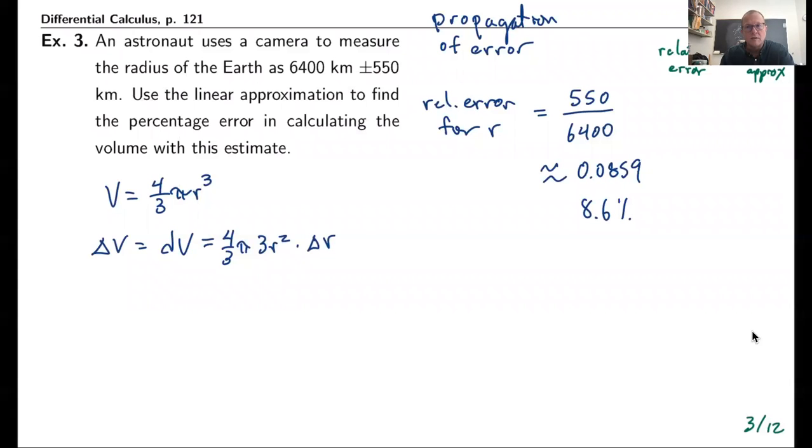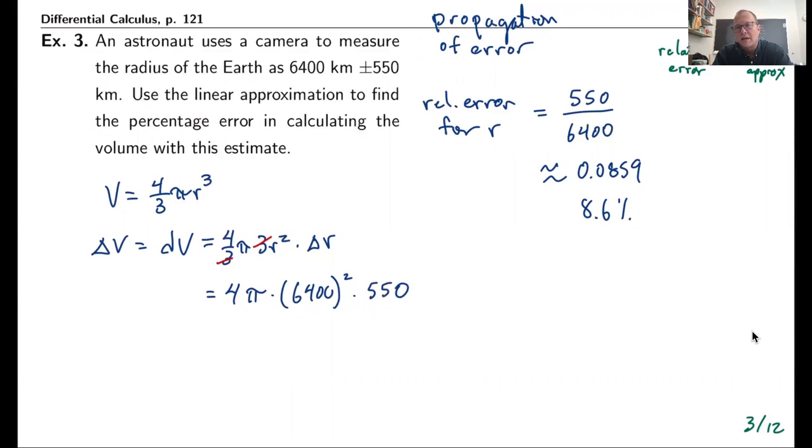The delta r is going to be the possible error. Okay. So we can cancel the 3's there. And then we're dealing with 4 pi times the r squared. And the r we have in mind is the 6400. And then times the delta r, which is going to be this plus or minus 550.